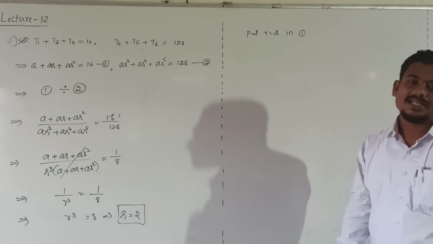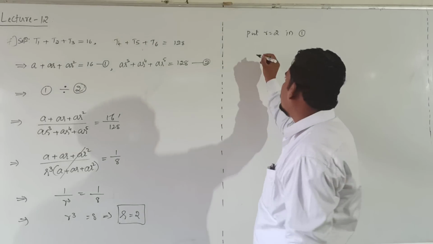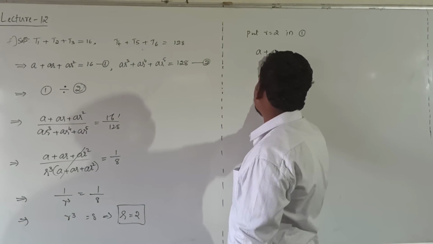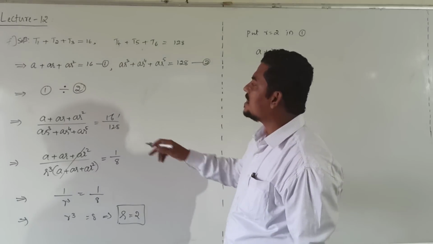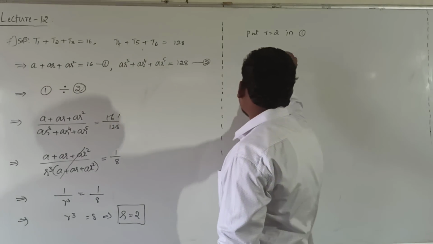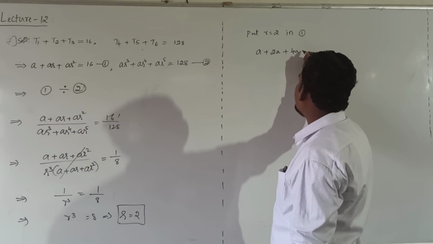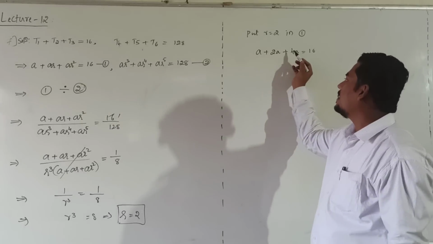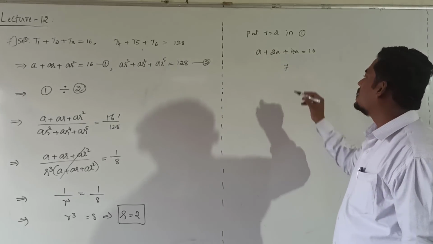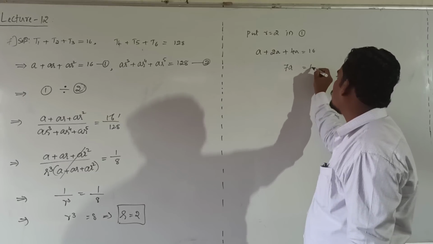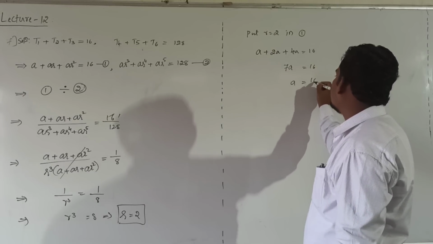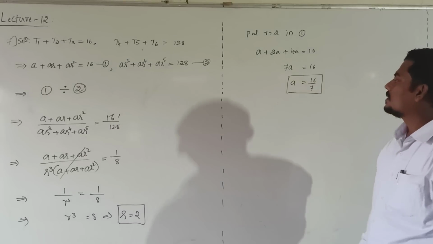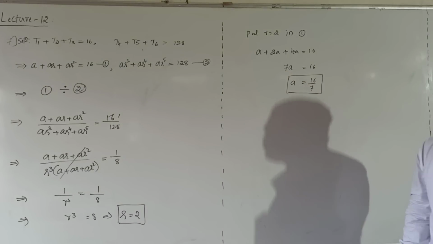Then A plus 2 times A, because the R value is 2, plus R square, which means 4A, that's equal to 16. Now 1 plus 2 plus 4 is 7, so 7 times A equals 16. Then the A value is 16 divided by 7.